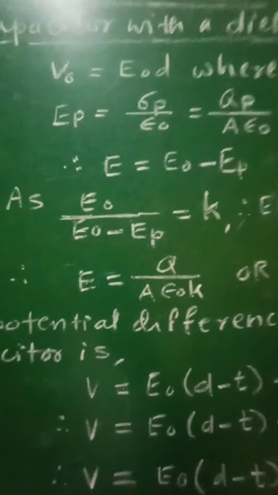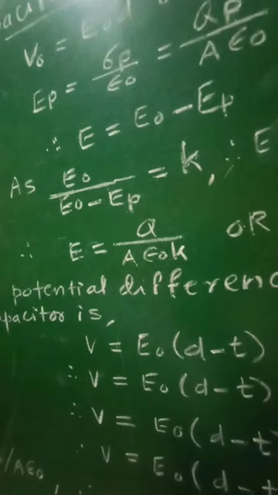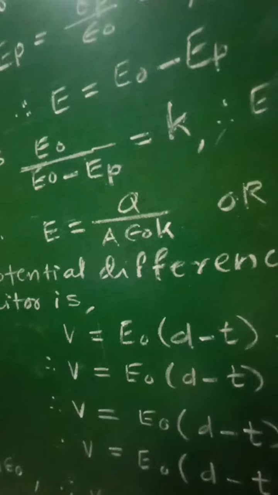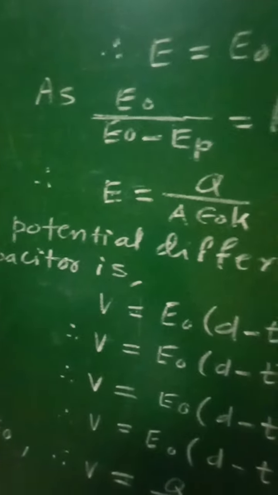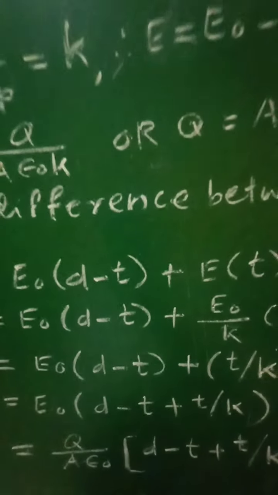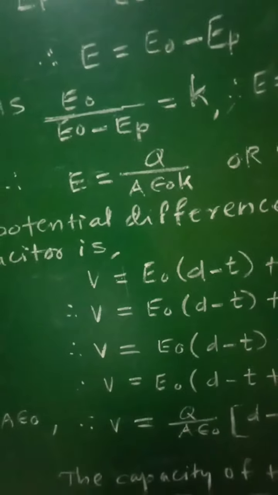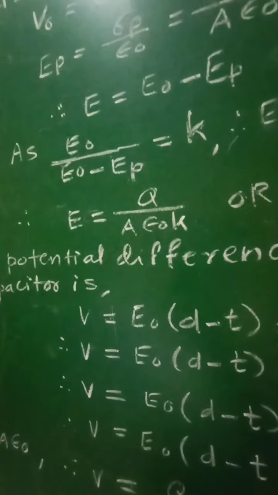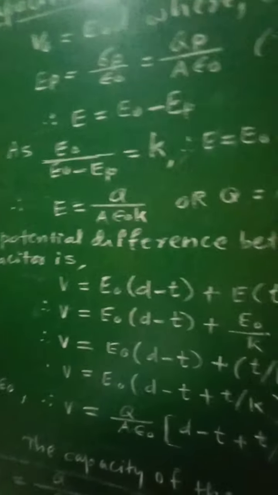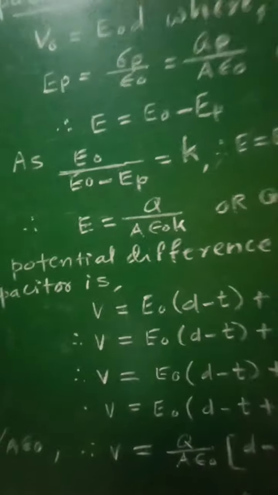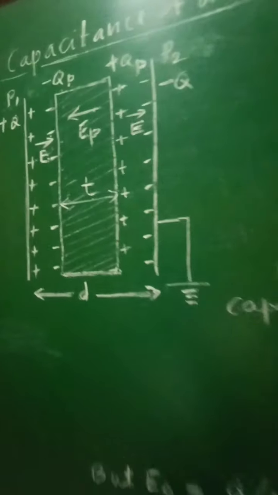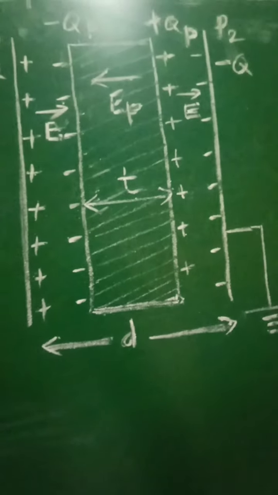And therefore E is equal to E0 minus EP, because this is the net electric field E inside the dielectric. Inside that dielectric, the net electric field E reduces to E0 minus EP, because E0 and EP are oppositely directed, and therefore the net electric field inside that capacitor will be equal to E0 minus EP.